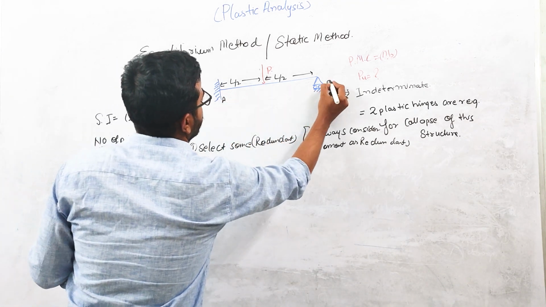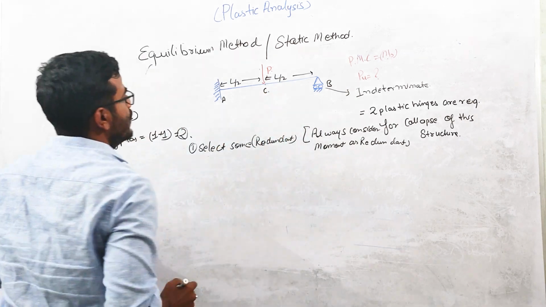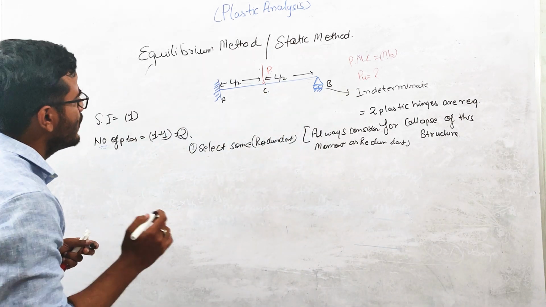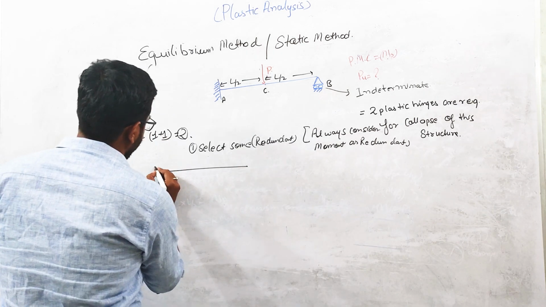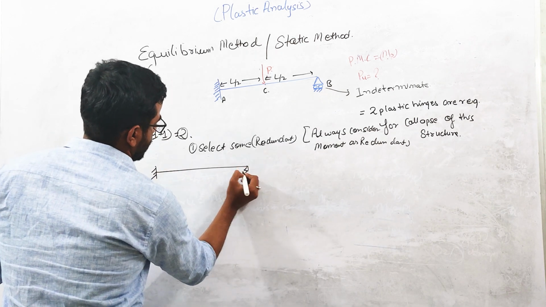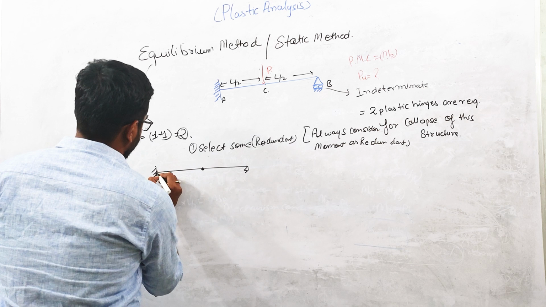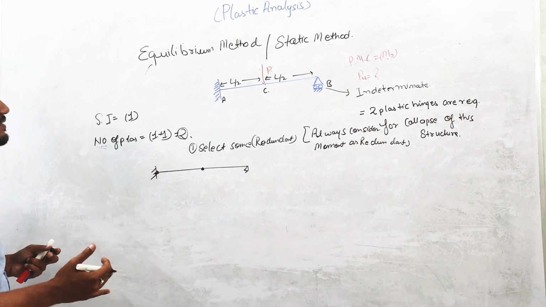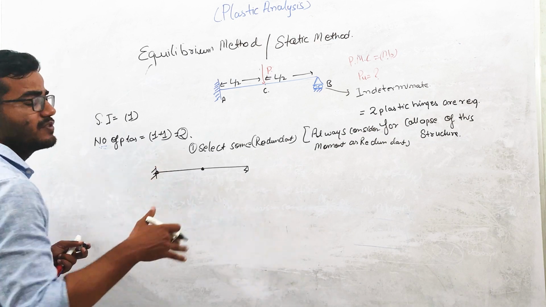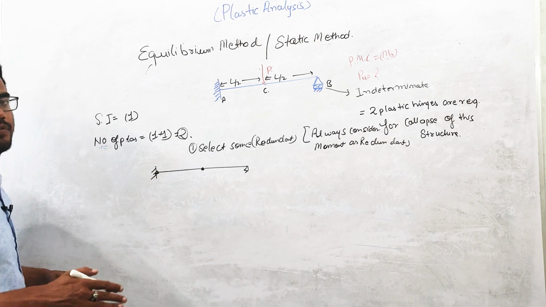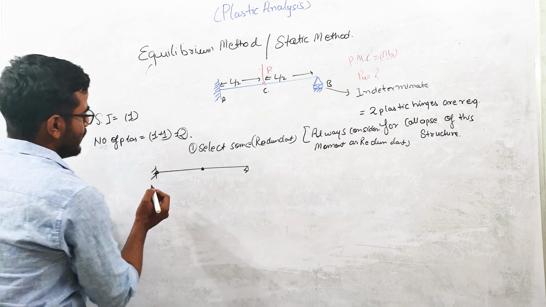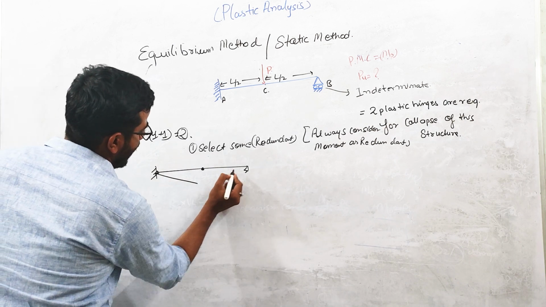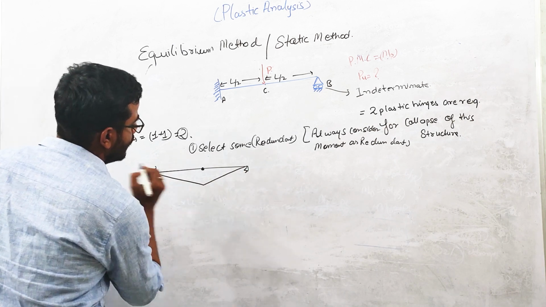Let us suppose this is point A, this is point B, and this is point C. For the propped cantilever, we know the plastic hinge will form at this point and at this point. I am not bothering about the sequence of plastic hinges, because we just need to calculate the collapse load.